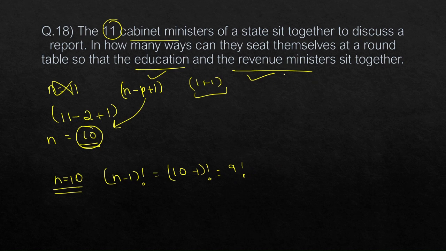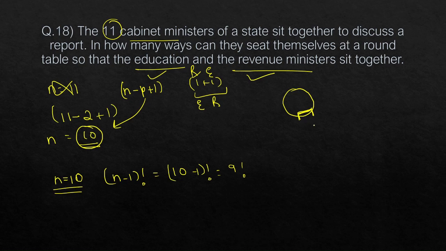But the next thing that comes here is the education and revenue ministers. Now education and revenue minister have to sit together, that we have discussed. But within this element that we have taken to be one, suppose this is revenue and this is the education minister, education minister can be on this side and revenue on this side.